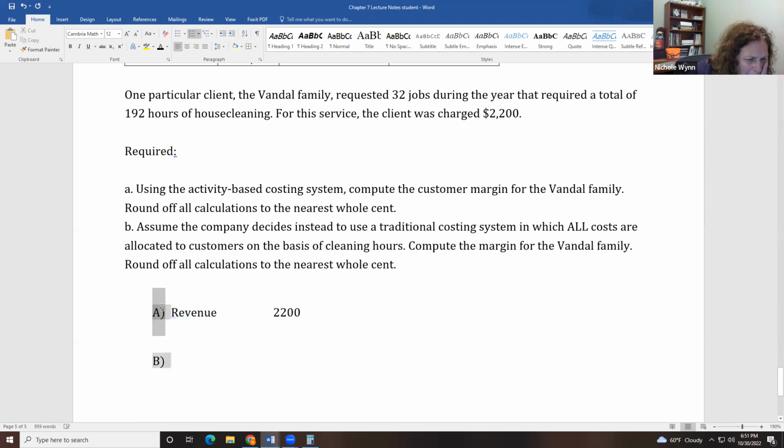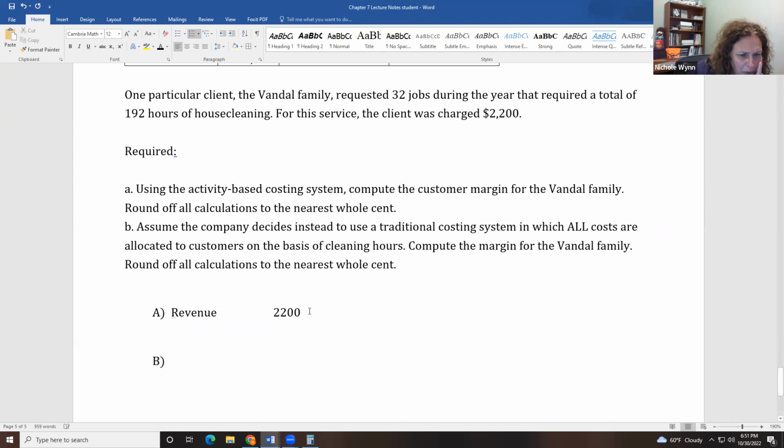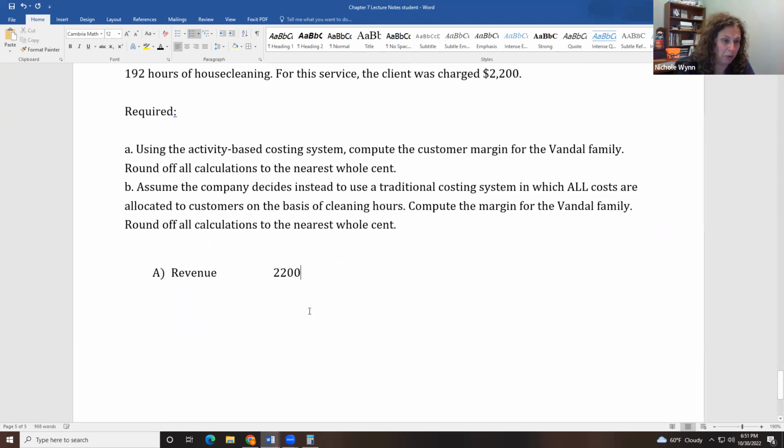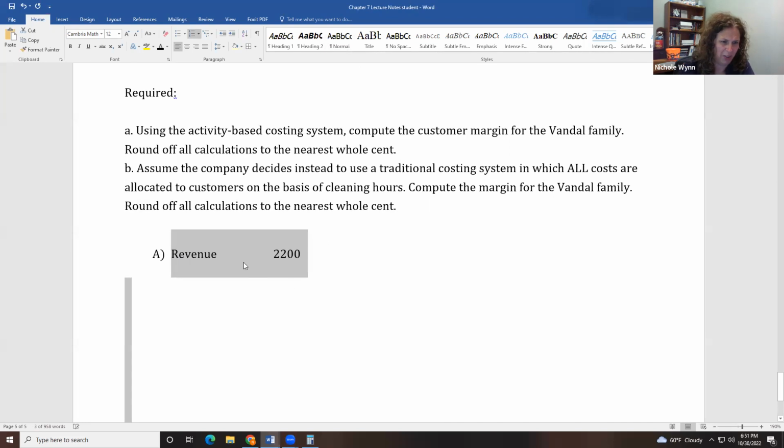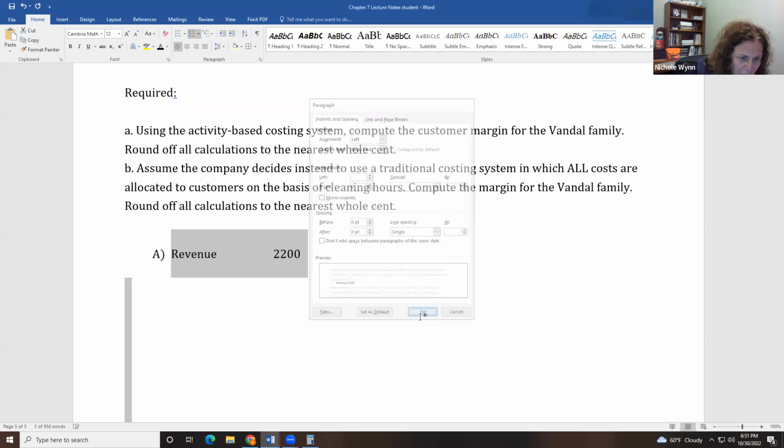Okay, what was it saying? 2,200. Oh, it's trying to be a multiple choice question or something. Let's see what I can do to get rid of this. Oh, see, it's trying to do this. So get rid of any spacing in between. If you need to just go to another page or something, that's fine.